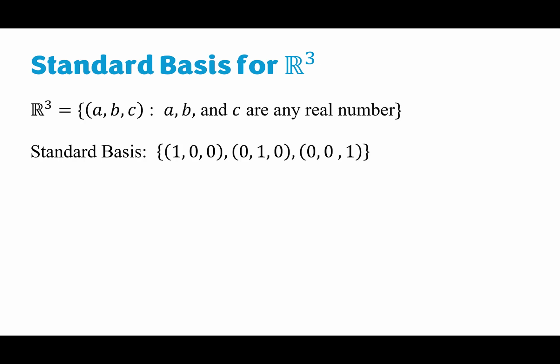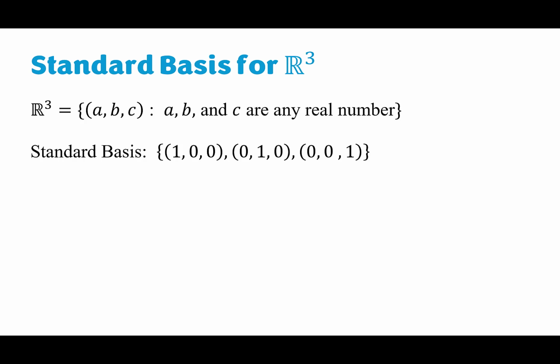Now, as I described in our video about vector spaces, vector spaces do not have to be limited to just vectors containing numbers. We've been mostly working with those because it's the easiest to talk about.